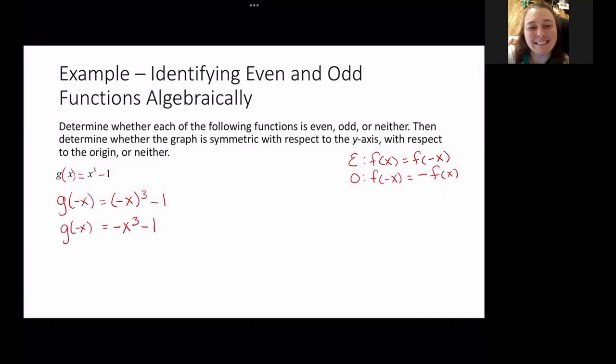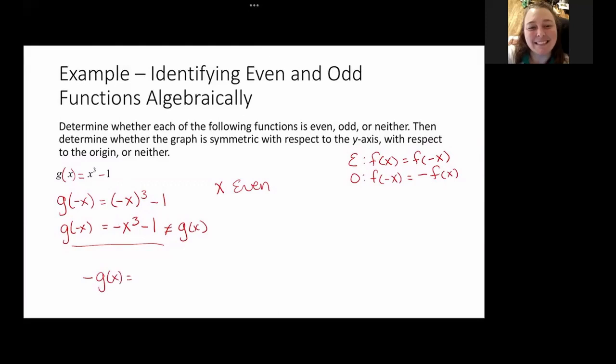g of negative x equals that. Now, we can take a look at this and say it's not even because it's not equal to g of x. And minus g of x is going to be negative x to the third plus 1, so that's also not equal to g of minus x.